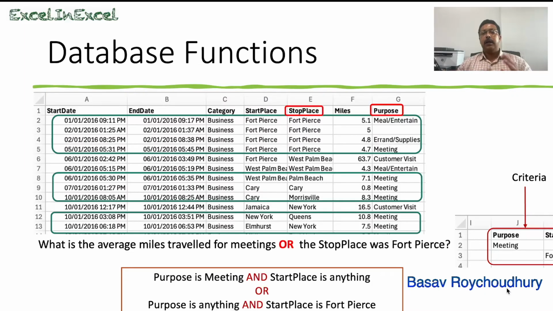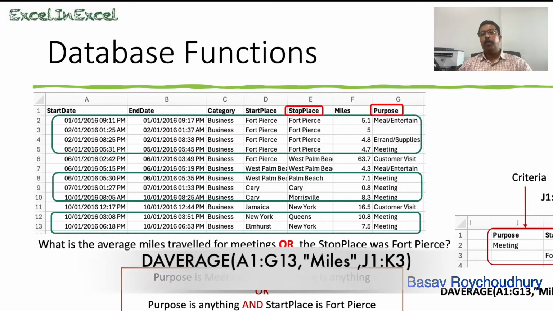So as you can see, if we have a complex condition, writing a criteria like this is much simpler than trying to write with an if, else if and such things. So this becomes very easy to understand. It's easy to debug, in case we have made any mistake. So in this case, our criteria becomes J1 to K3 and our formula would look like this. So let's work it out.